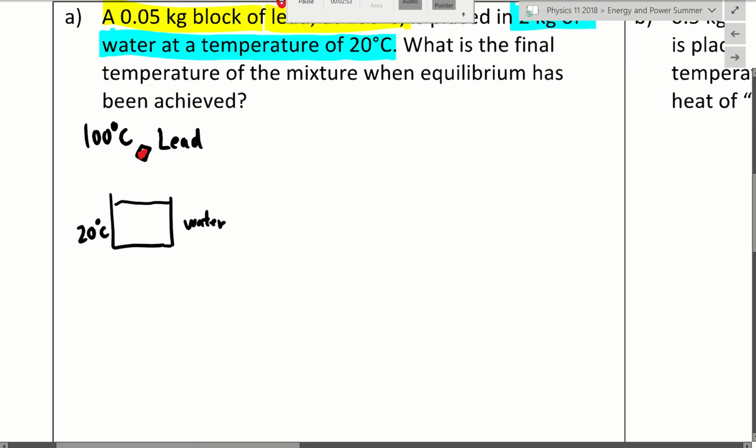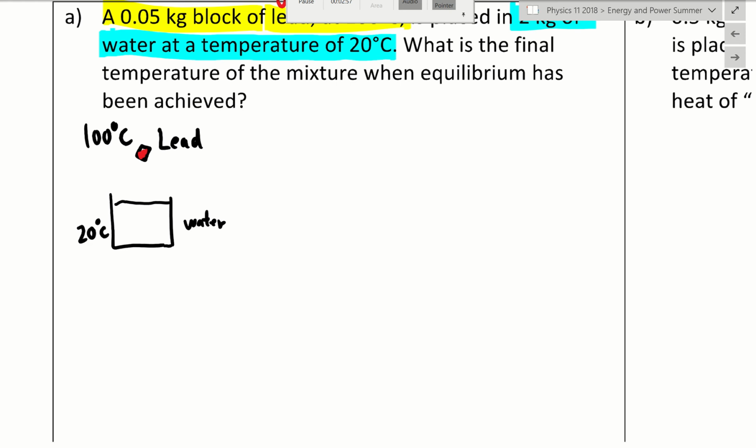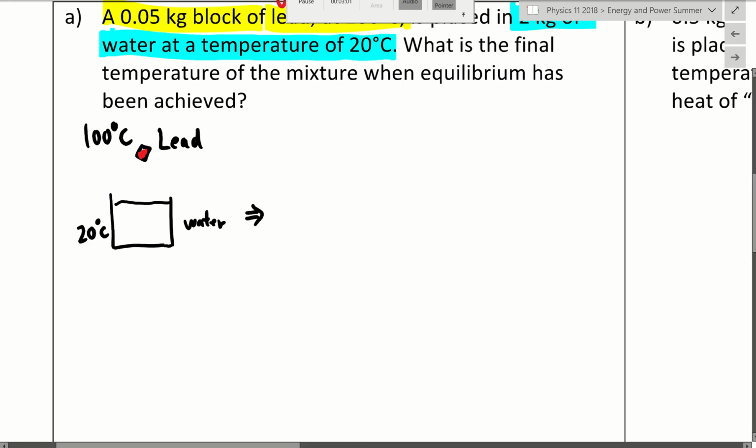Okay, so now if you put the piece of lead in there, and then you wait a while, of course, right? So let's say you drop the piece of lead inside. So now they're like this, and you wait. You wait for a long time.